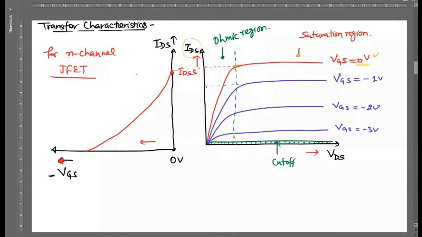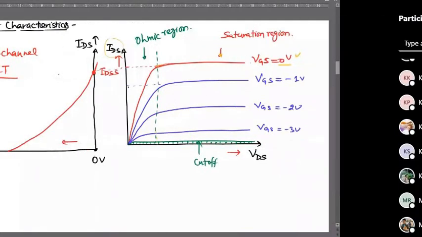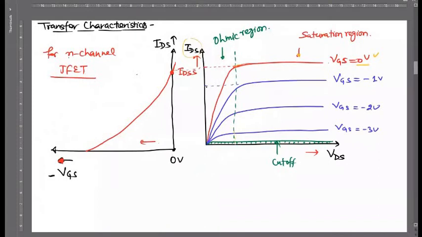This current will attain the saturation level. This current cannot go beyond this maximum level. Okay?